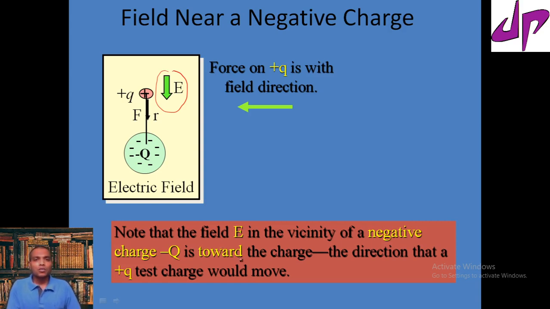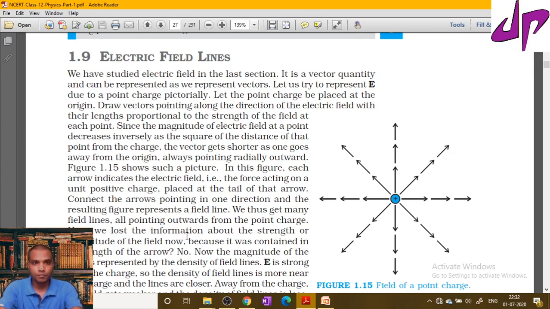By taking this concept, today I would like to extend the same concept. That concept leads to how to draw the electric field lines. The concept of electric field lines gives the visual representation of the electric field strength.